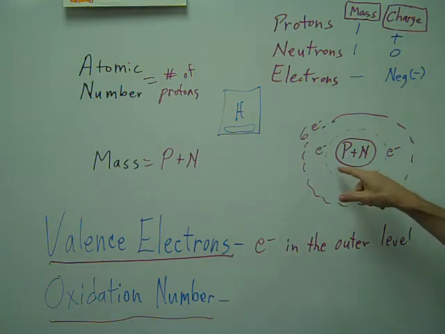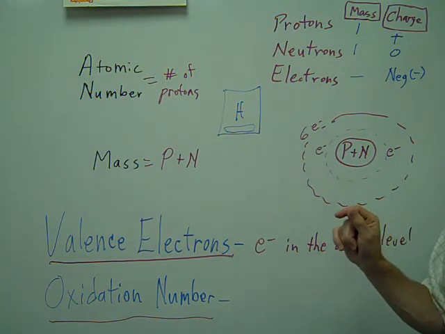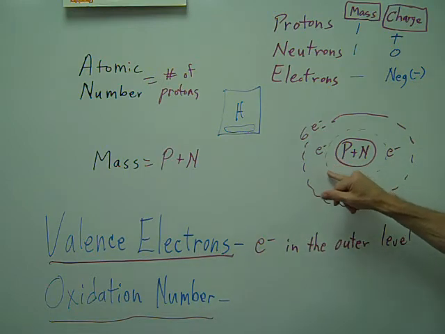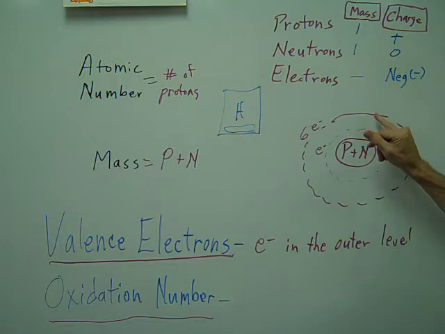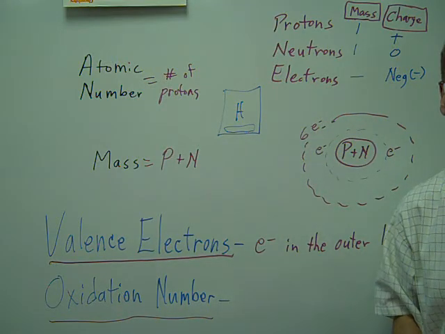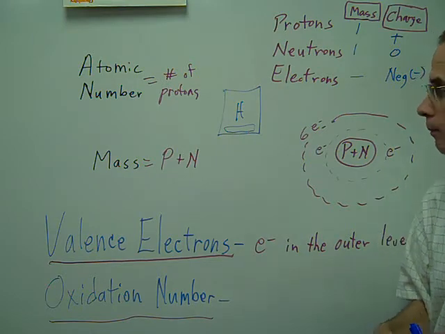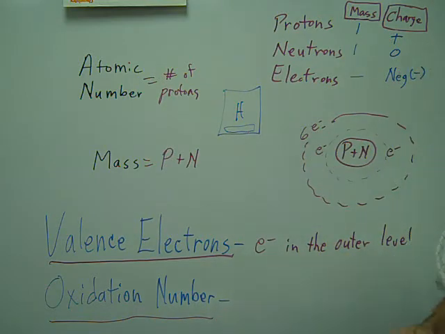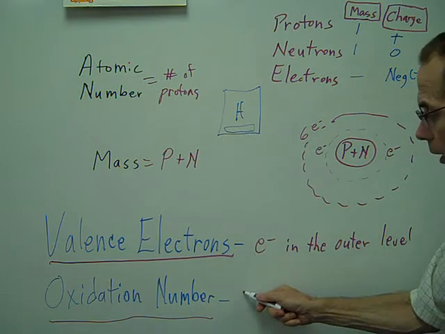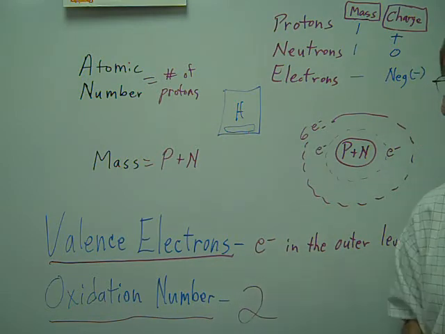Oxygen has 8 electrons, 2 of which are in the first shell, and that completely fills up that first shell, and the remaining 6 are in the outer shell, giving it a total of 8. So, its valence number would have to be 6, since it has 6 electrons in its outer shell. But its oxidation number, in this particular case, is 2.